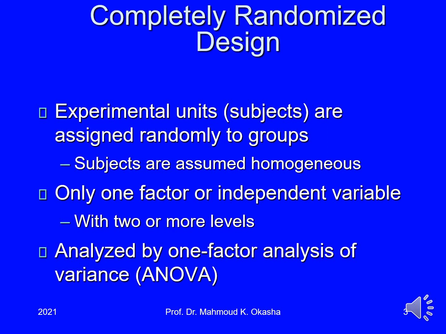In this design, experimental units or subjects are assigned randomly to groups. Subjects are assumed homogeneous. Experimental units, what are the units? The pieces of land are taken randomly and given the same level. These random pieces of land are given the same level of that factor, which is the amount of water.